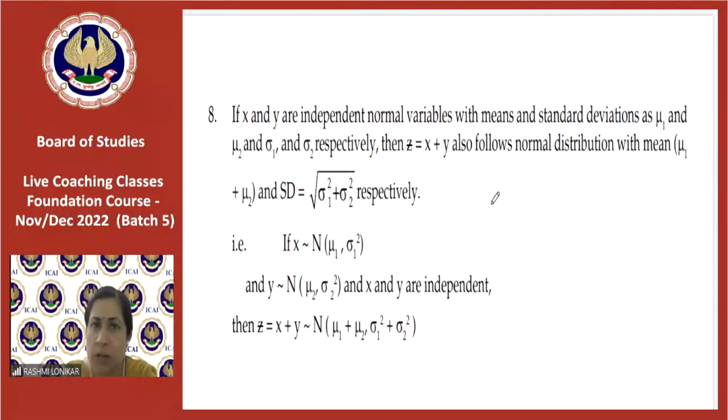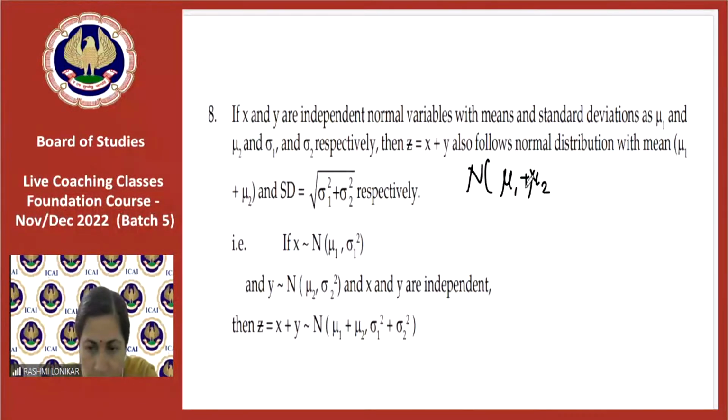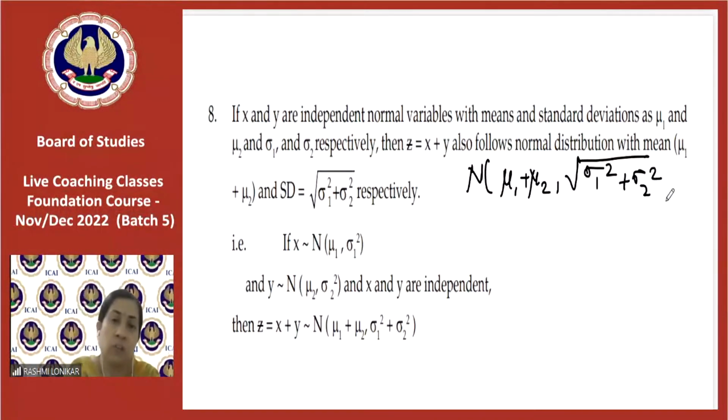We have mu1 and sigma1 as the parameters, and for y we have mu2 and sigma2 as the parameters, then you can combine these two distributions, and here the normal distribution will be of mu1 plus mu2. Okay, simple addition, but for standard deviation it will be square root of sigma 1 square plus sigma 2 square. Okay, you will have this as the parameters.